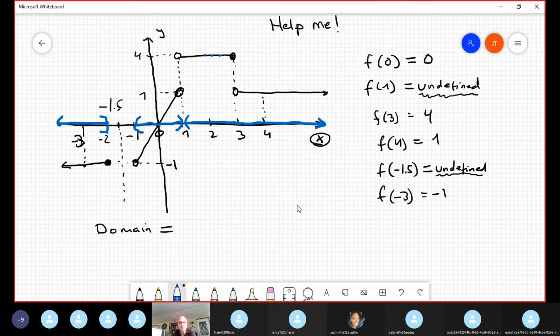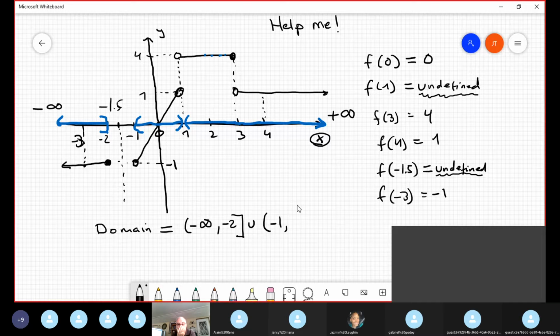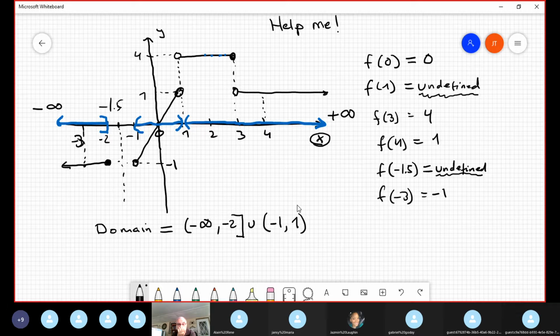Do you understand this projection? Okay, now ready. Exactly. From negative infinity to negative 2 bracket, union, parenthesis negative 1, comma, 1, not including 1, union 1, comma infinity. Is it correct or not?